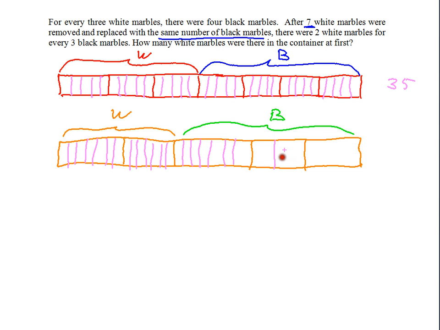And 7 units here. And 7 units here. And notice that here we have 35 units as well. So the same number divided by the same 35 will give us the same unit size. So the pink units above and the pink units below are the same and now comparable.